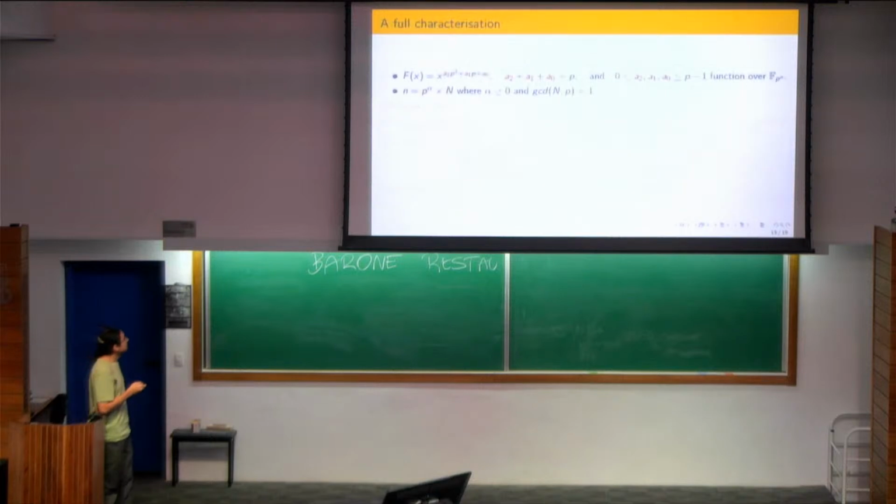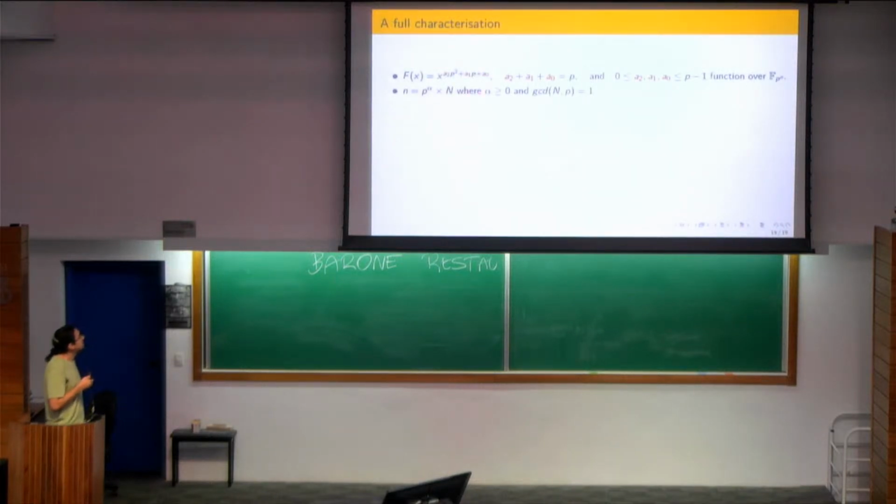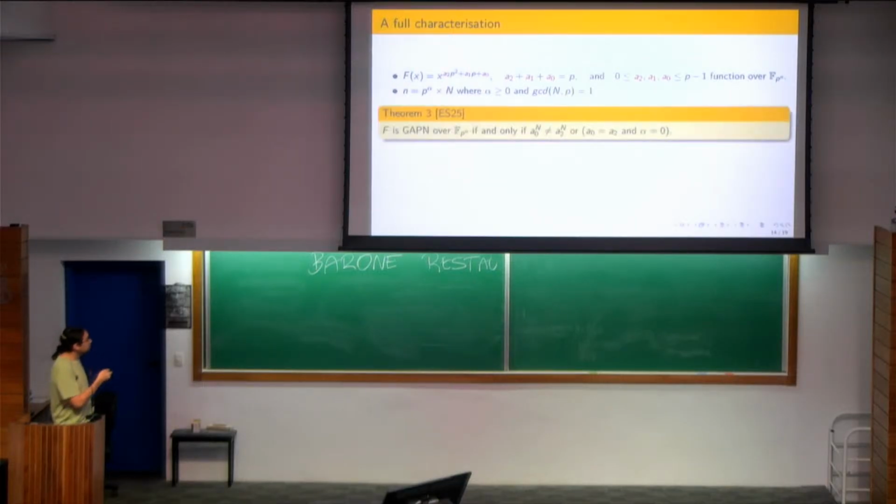The last result is a specific case, a full characterization of this kind of function. So this is a monomial function where the exponent is of Hamming weight 3. And if we express n like that, p to the power of alpha times n, where the GCD of n and p is equal to 1, then we have this result.